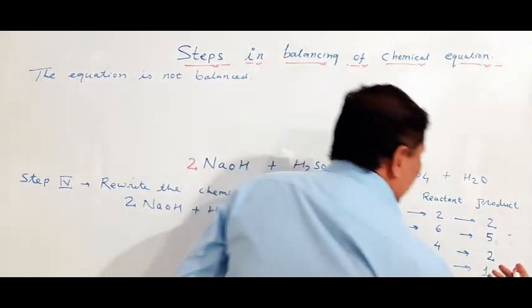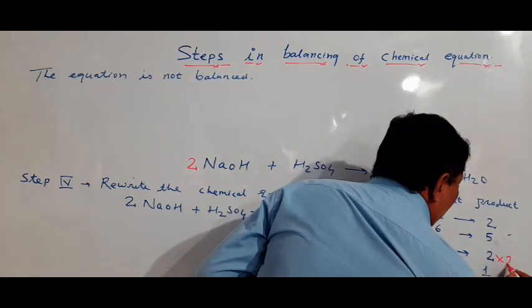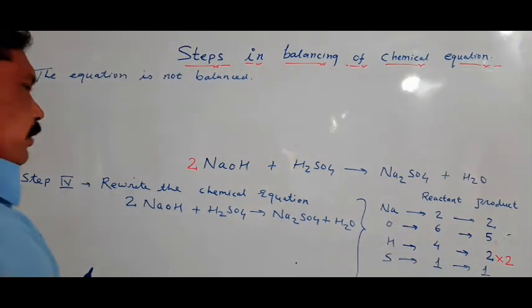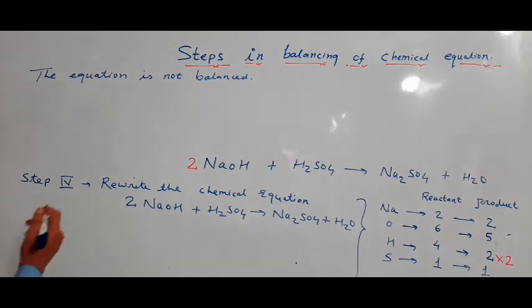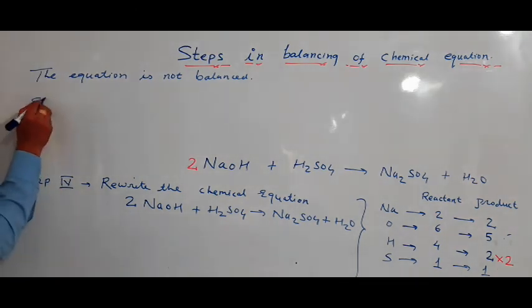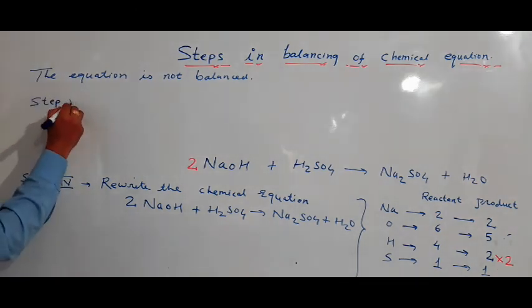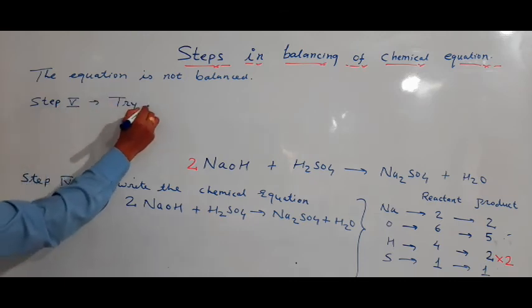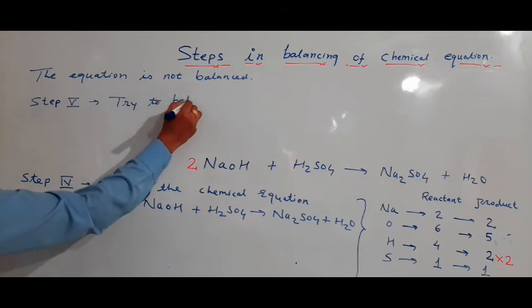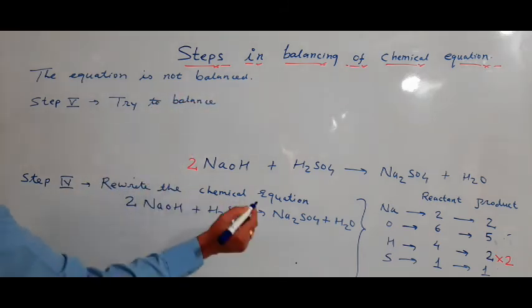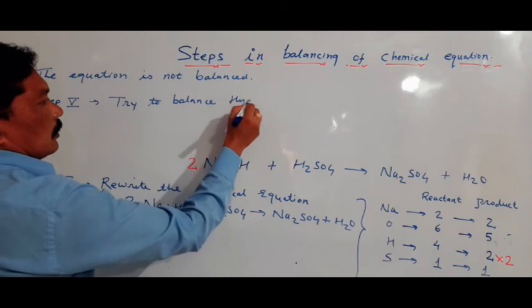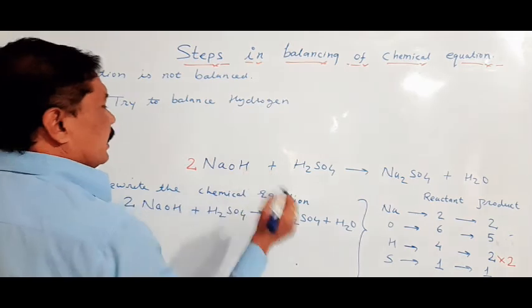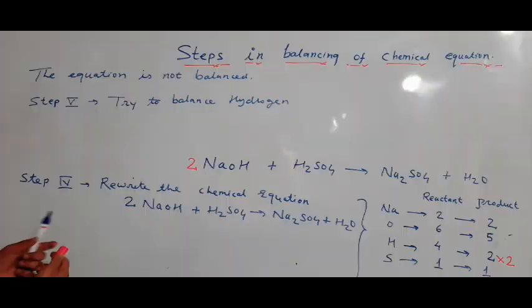To balance hydrogen, we'll put 2 in the product side in front of water. We'll rewrite the equation.